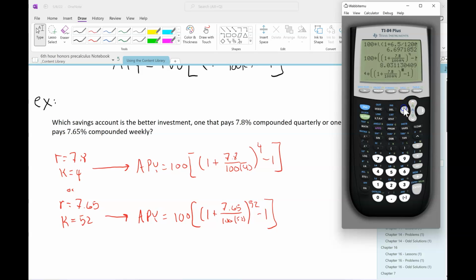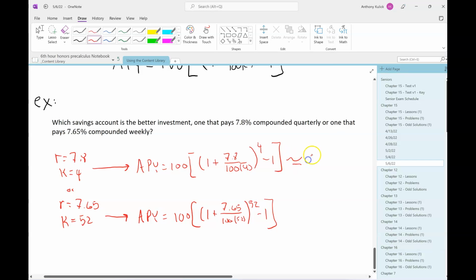And the second account, I need to change the 4 to 52 in two places, and the 7.8 to a 7.65. And I get 7.94 APY. So which one of those is the better investment?